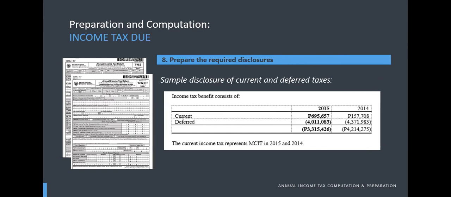here are some sample disclosures of current and deferred tax asset. So in the financial statements and the notes to financial statements, the current and deferred tax benefits must be separately detailed.